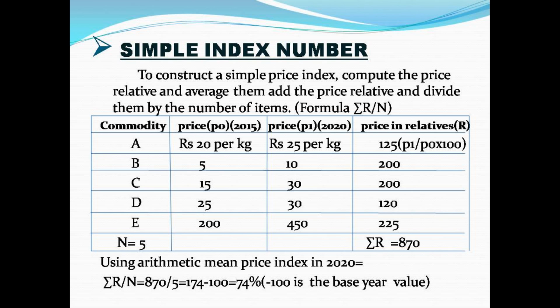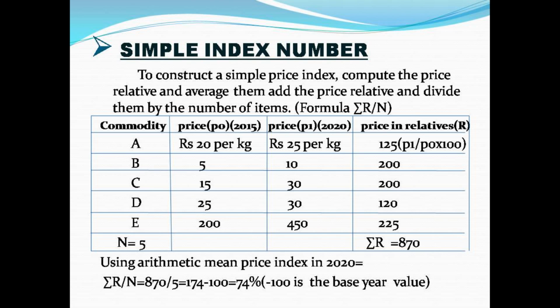Total price relatives is 870. That is sigma R is 870. Using arithmetic mean, the price index is sigma R divided by N, which is equal to 870 divided by N. N means 5. 870 divided by 5 is equal to 174.